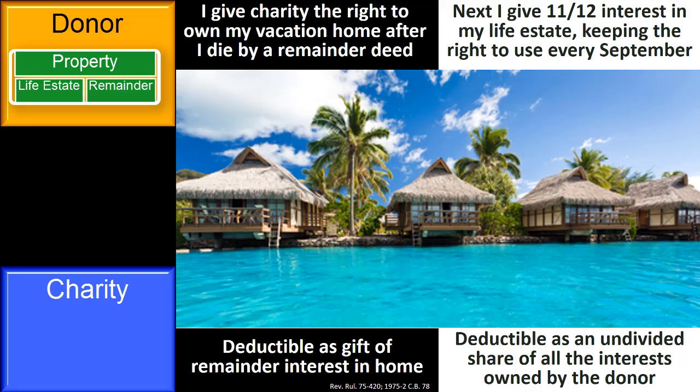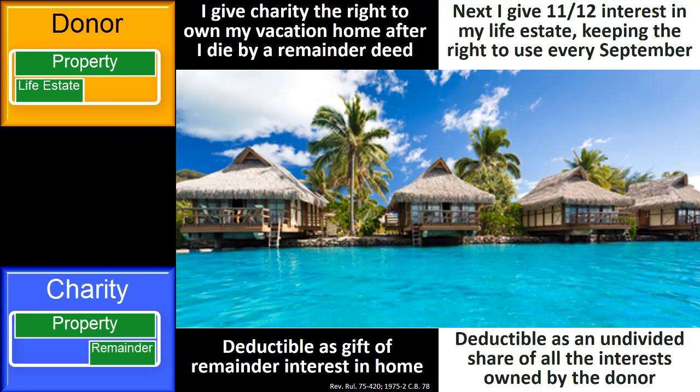The next transaction shows how these rules can be combined to generate creative and useful transactions. In this case, the donor begins by giving the charity the right to own his vacation home after he dies using a remainder deed. The donor retains the right to use the property for the rest of his life, that is, the life estate.